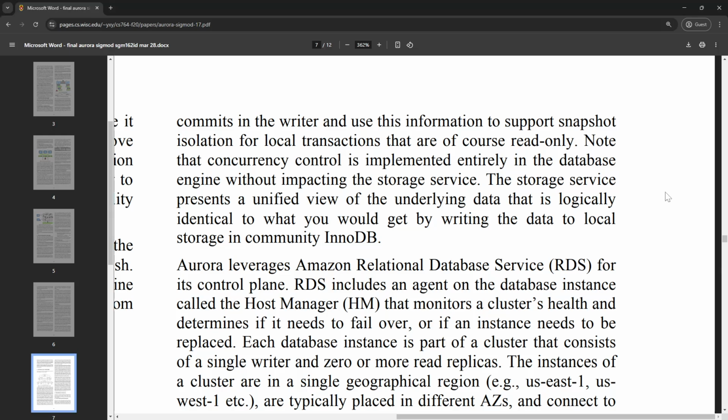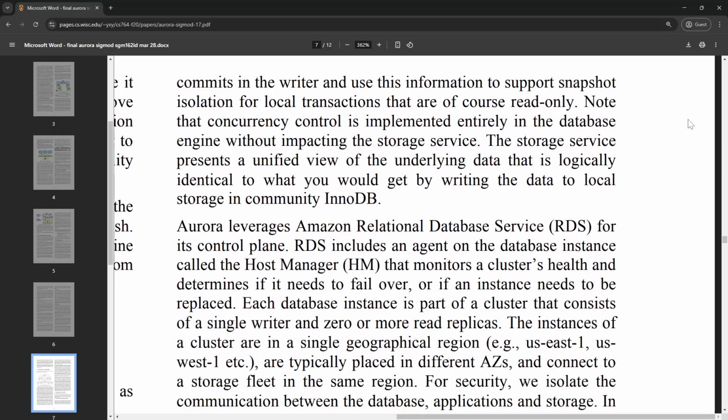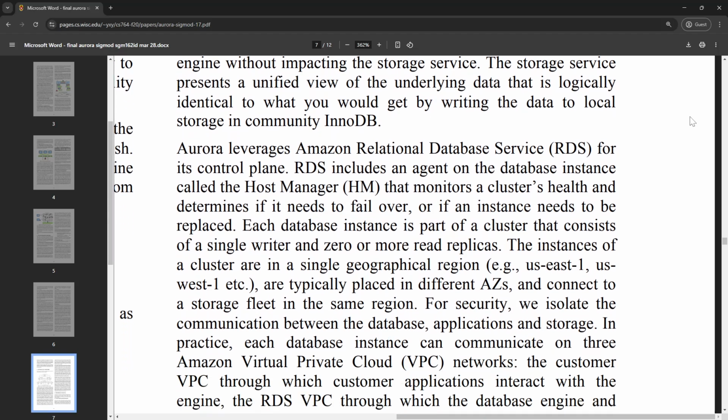Note that concurrency control is implemented entirely in the database engine, without impacting the storage service. The storage service presents a unified view of the underlying data that is logically identical to what you'd get by writing the data to local storage in Community InnoDB.